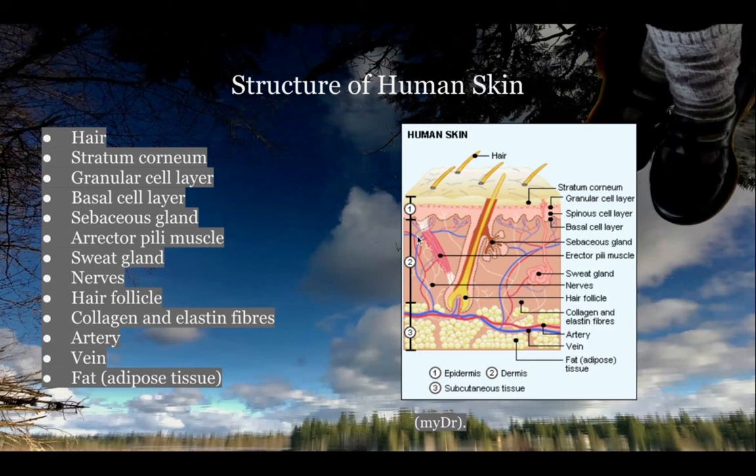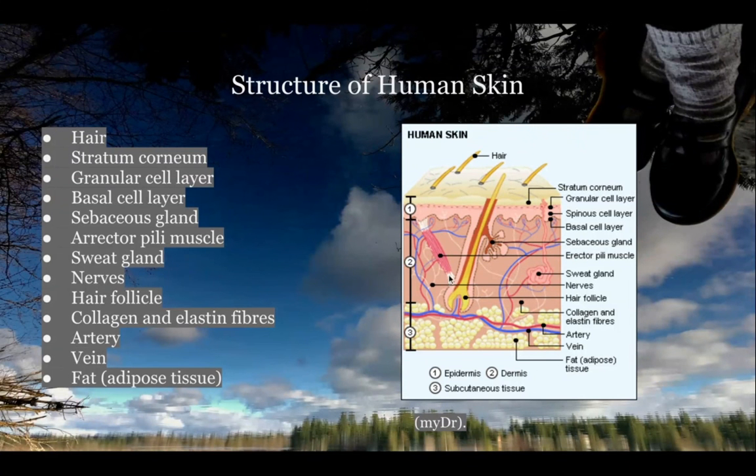We have the erector pili muscle right here, and we have the sweat gland right here, which is an eccrine. We have an adipose, which would be right here, but we'll get to that. The blue stringy bits are the nerves, and then we have the hair follicle, which is right here. So the hair is here, and then this is the little area where it grows from.